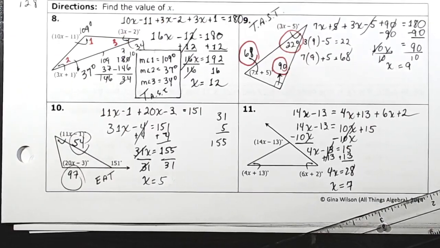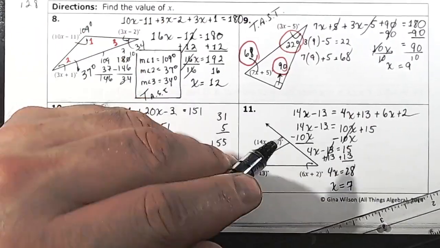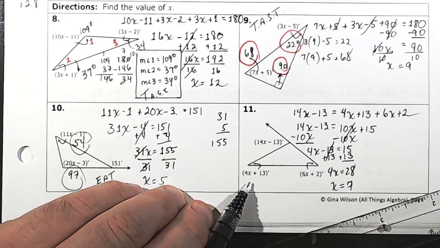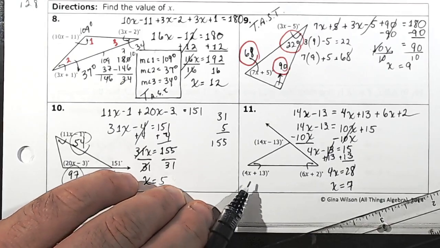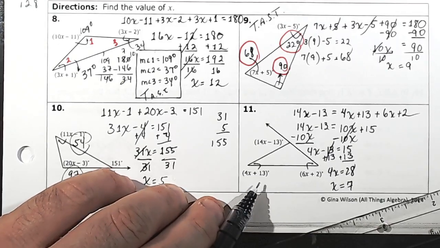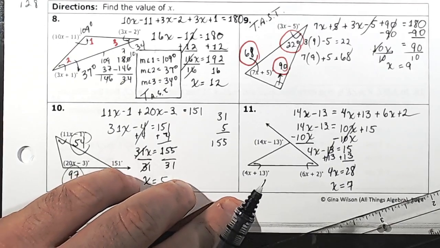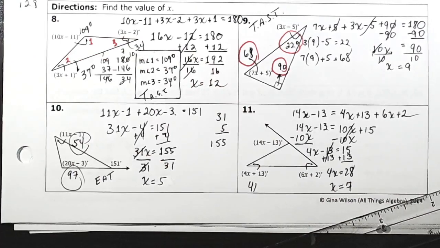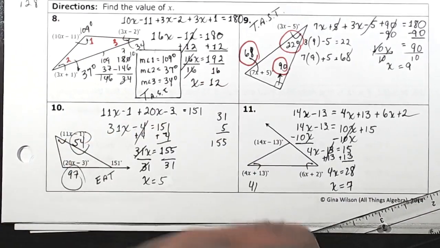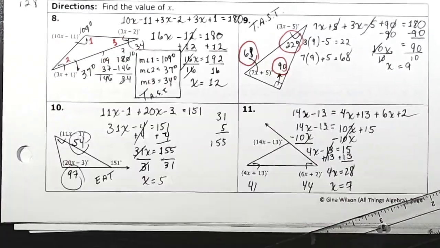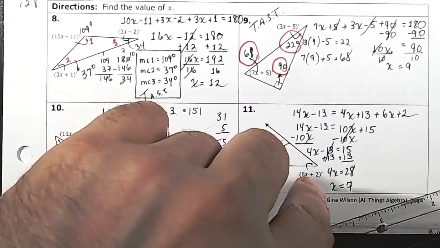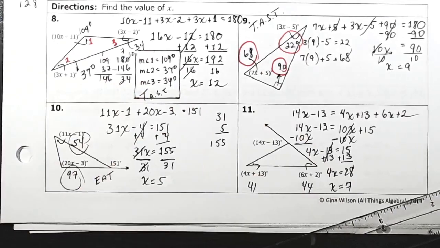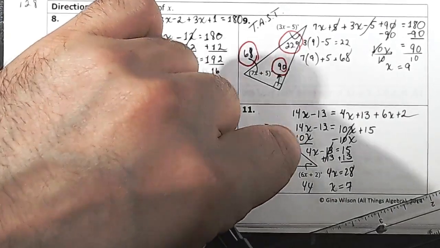All right, and now let's just plug it in. Let's do the easy ones first. 4 times 7 is 28 plus 13. That would be 28, 38, 41. Okay, so this is 41. 6 times 7 is 42 plus 2 is 44. And these added together are 85, and that's what this should be.